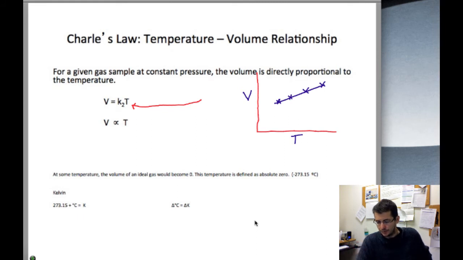This is at 0 degrees centigrade. This was say 100 degrees centigrade, the boiling point. But what that means is that the corollary is true.